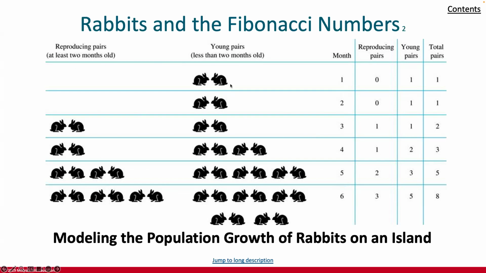How many pairs do we have? What are the young pairs? And thus we are able to model population growth of rabbits on an island or any other kind of growth function that we would want to consider. And this is where we can see the relationship to the Fibonacci numbers.